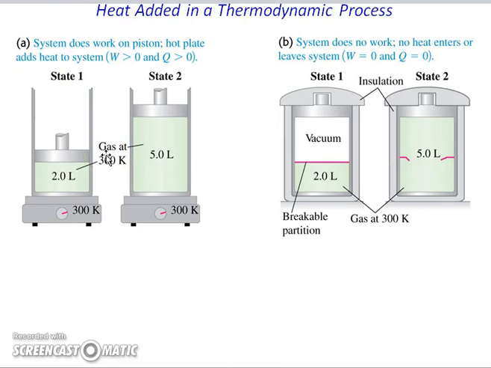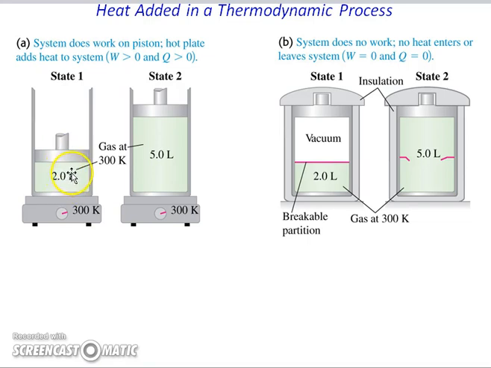Here, suppose we want to change the volume of a certain quantity of an ideal gas from 2 liters to 5 liters while keeping the temperature constant at T equal to 300 Kelvin. This figure shows two different ways in which we can do this. In this figure, gas is contained in a cylinder with a piston with an initial volume of 2 liters.